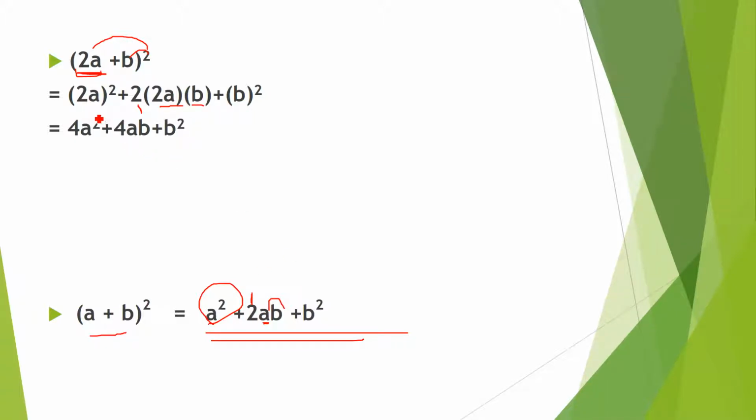Now, the third step is, see, this is 2a whole square. It means that you have 2a into 2a, 2 times. So 2 times 2 is 4, right?